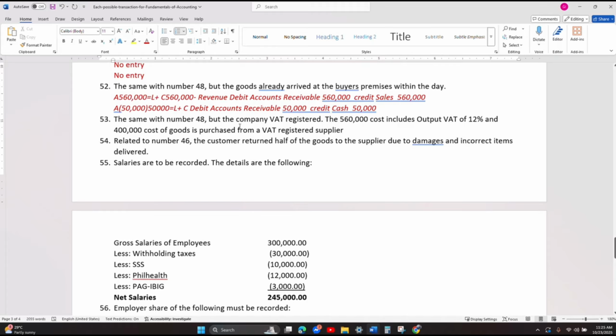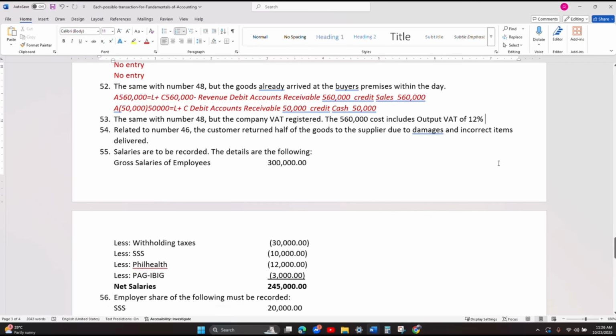Let's assume that that is from a non-VAT registered. Or if you wanted to, okay, let's not put this twist already. So let's stick to the same with number 48, but the company is VAT registered.